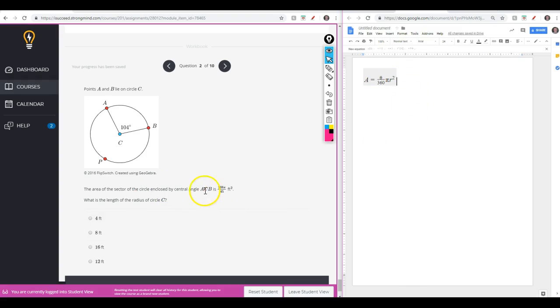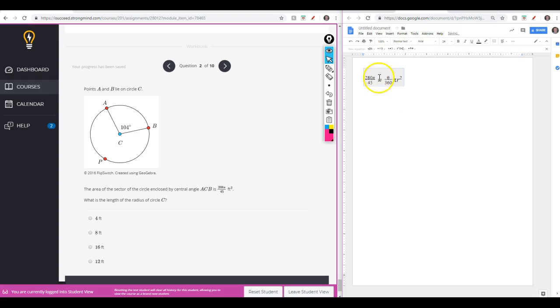Right here, it gives us that the area of the sector is 208 pi 45ths, so I'm going to replace the area with 208 pi 45ths.